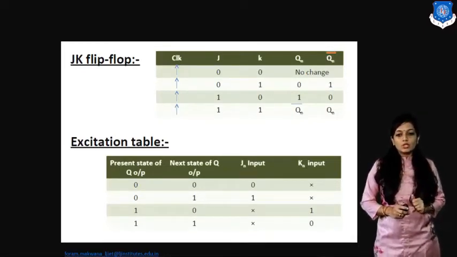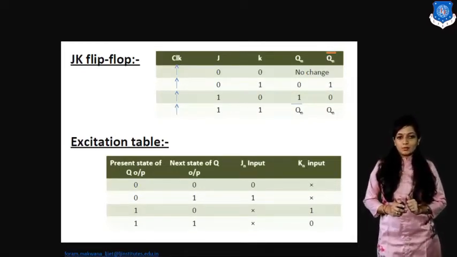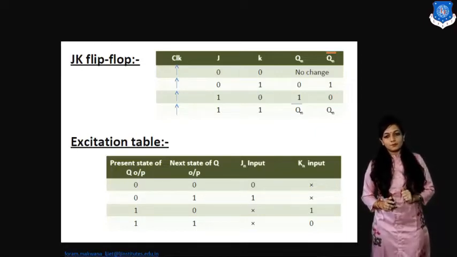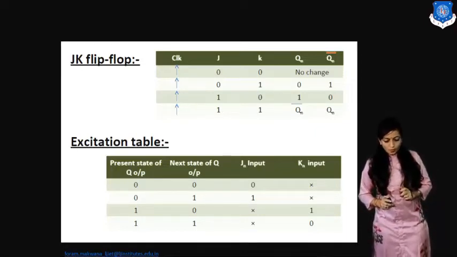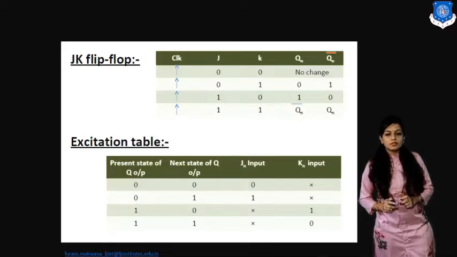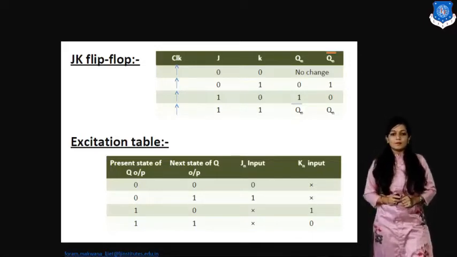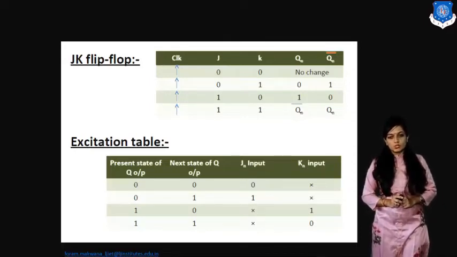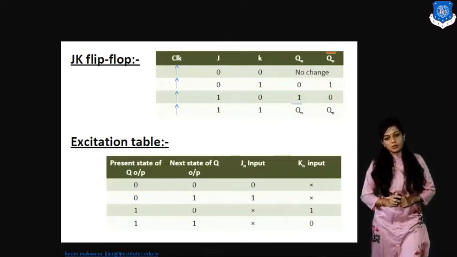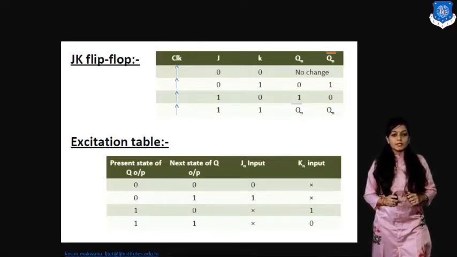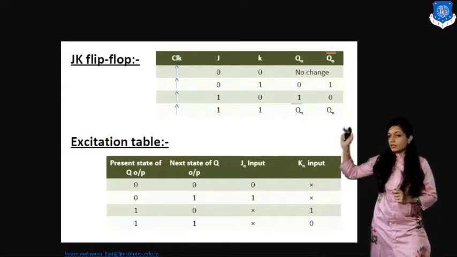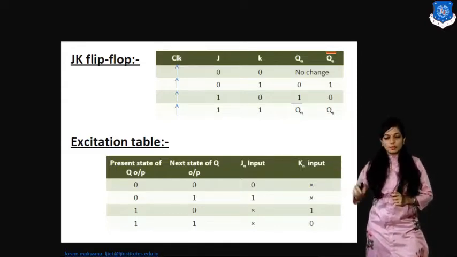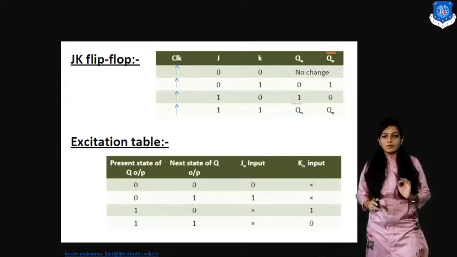Now we are going to derive the excitation table for the JK flip-flop. What is the need of writing this excitation table? The reason is it is used for conversion of one flip-flop to another. For that we need the truth table for each and every flip-flop.